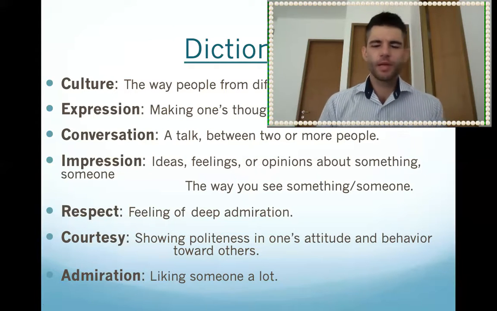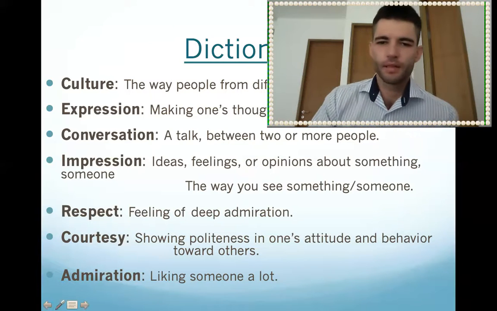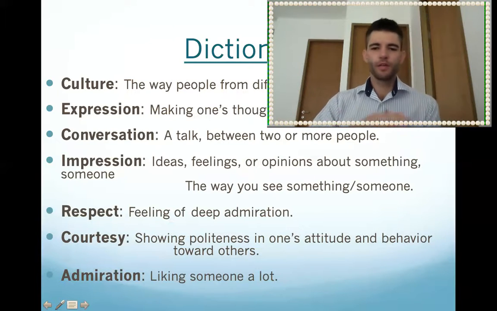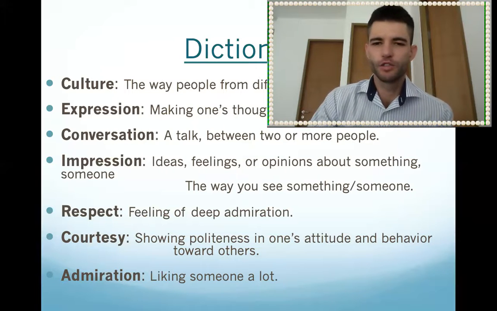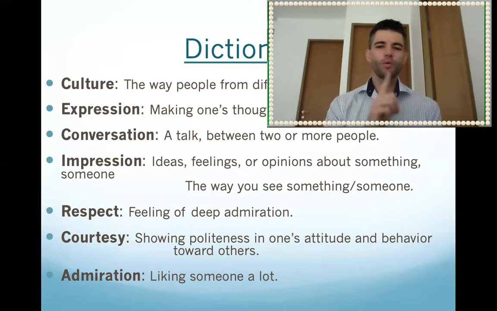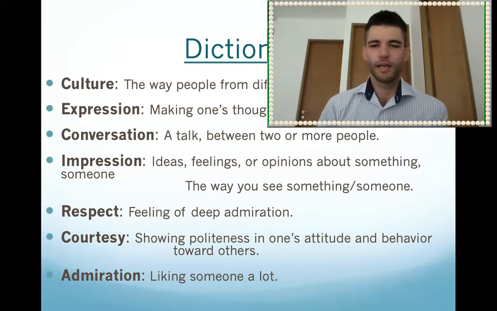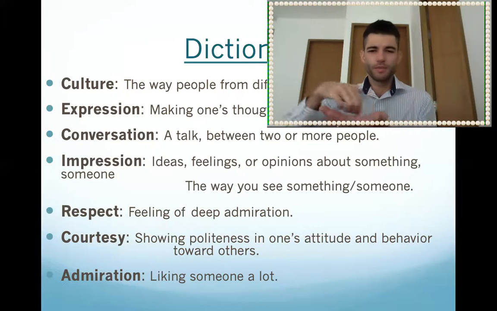So every country has a different culture. That is something that we learn growing up. And it's usually known throughout the whole country that everybody knows this is a specific thing that Thai people do or a specific thing that American people do.